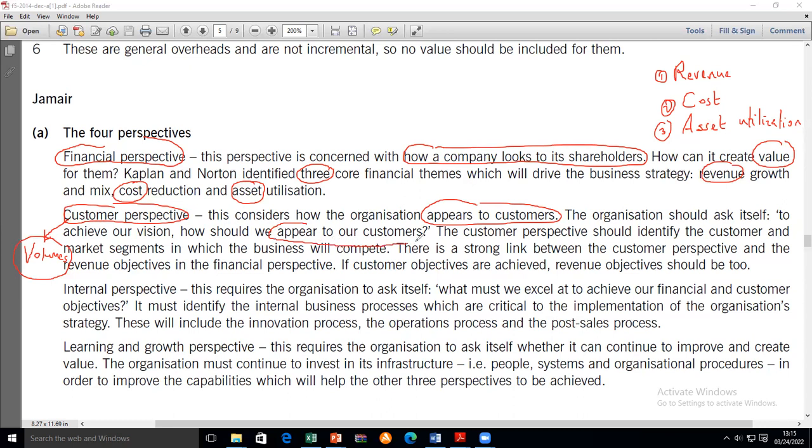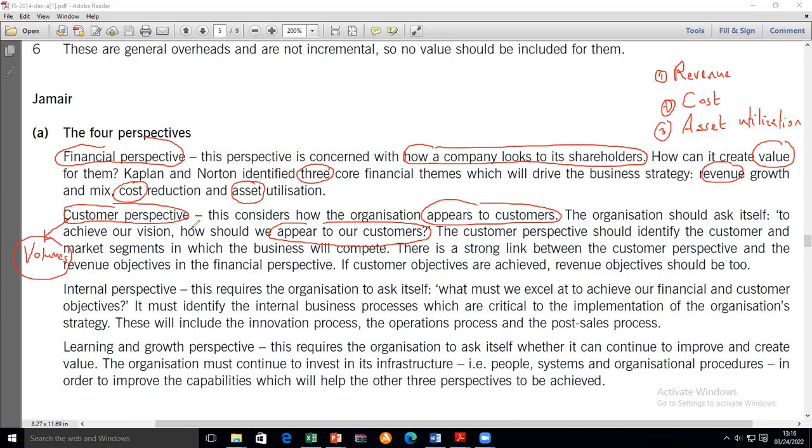What are our customers looking for, and what are our customers saying? The customer perspective should identify the customer and market segment in which the business will compete. There is a strong link between customer perspective and revenue objectives in the financial perspective. If the customers are achieved, revenue objectives should be too. So that's what customer perspective is all about.